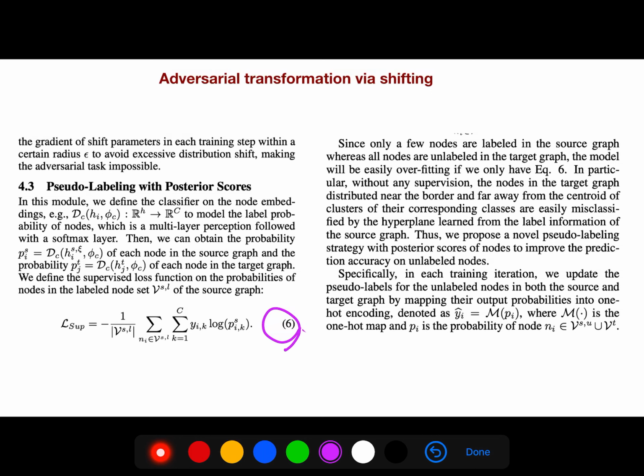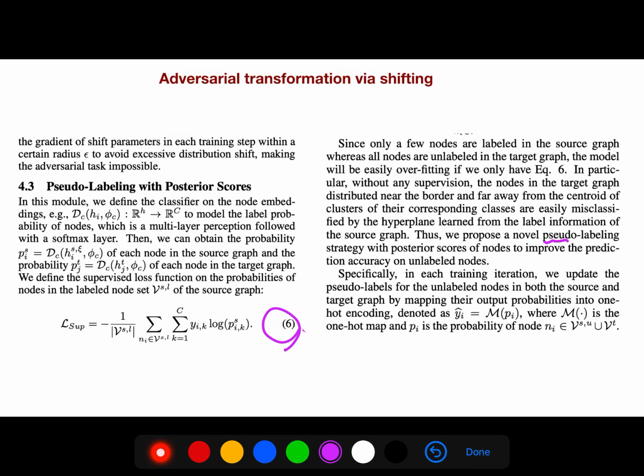So without any supervision, the nodes in the target graph distributed near the border and far away from the centroid of the clusters of their corresponding classes are easily misclassified by the hyperplane learned from the label information of the source graph. Thus, we propose a pseudo-labeling strategy with posterior scores of nodes to improve the prediction accuracy on unlabeled nodes.